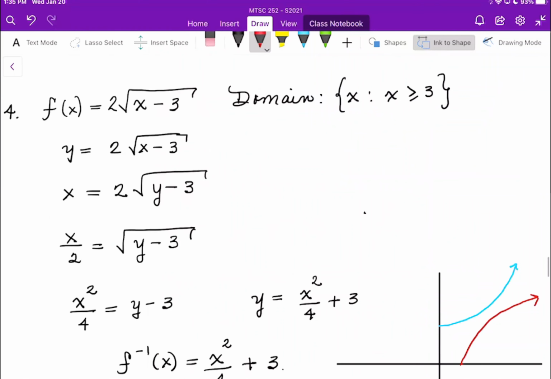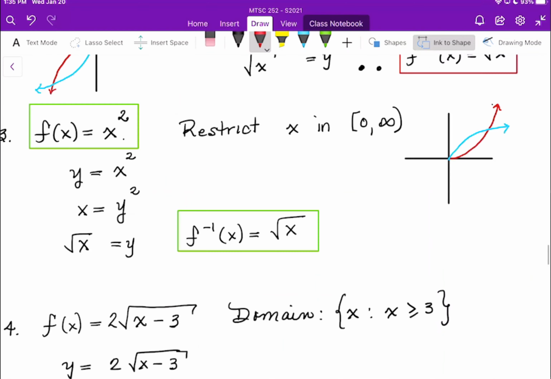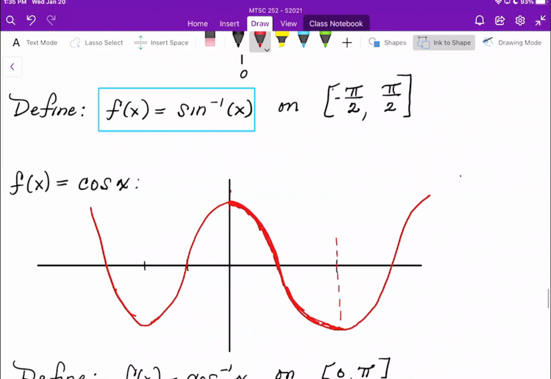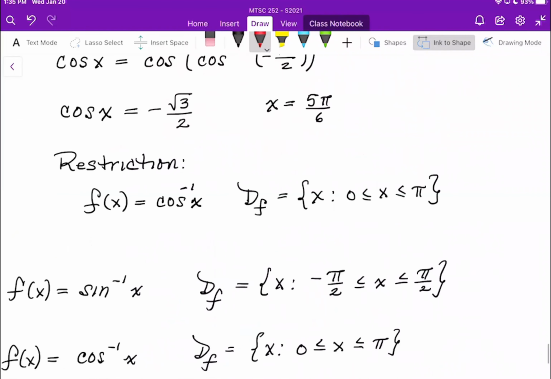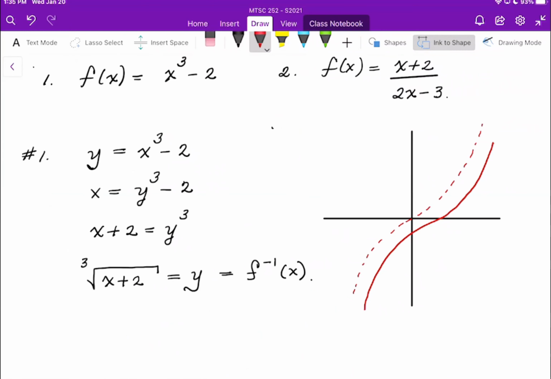Every inverse that we did was flipped over an axis. So I can do the same thing to this one and flip it over.